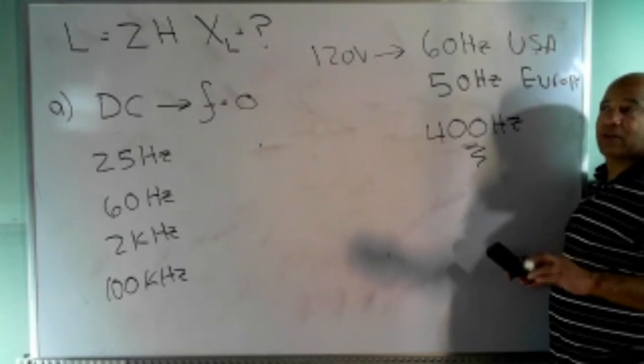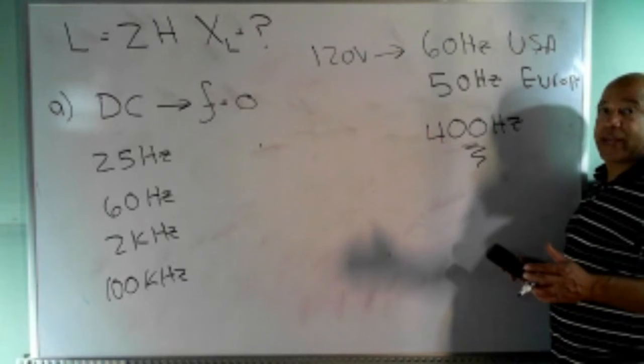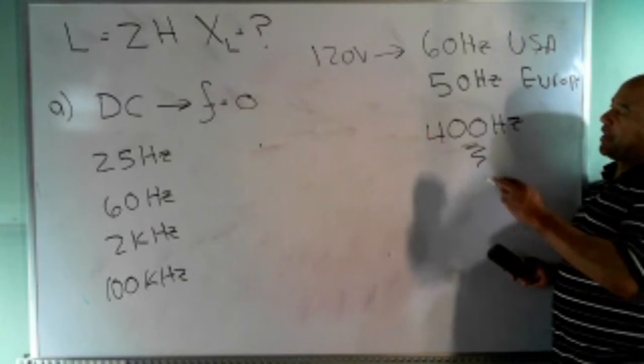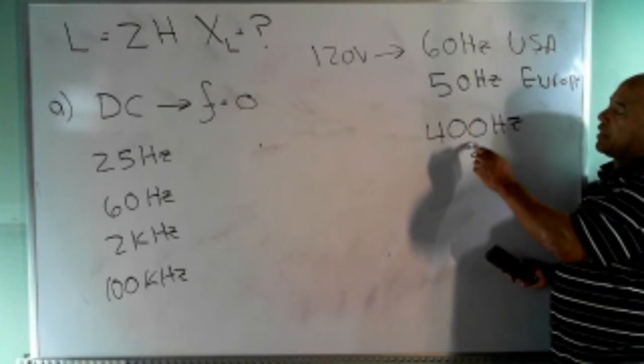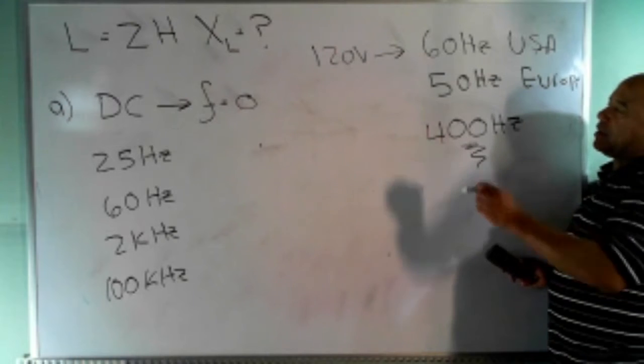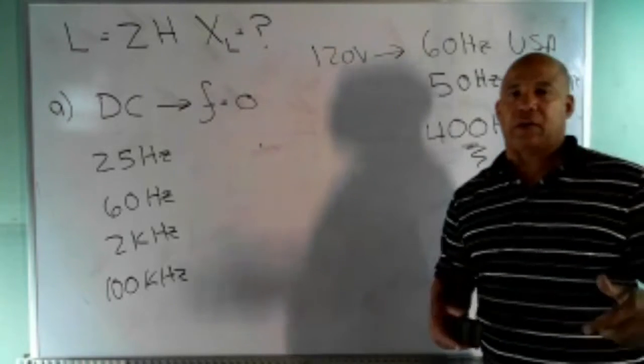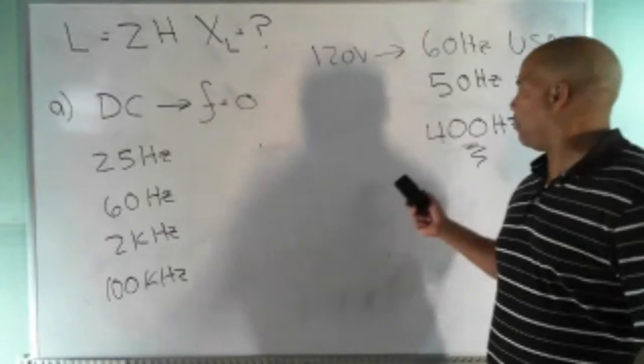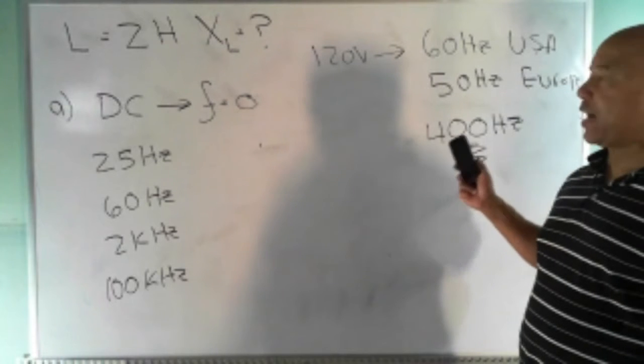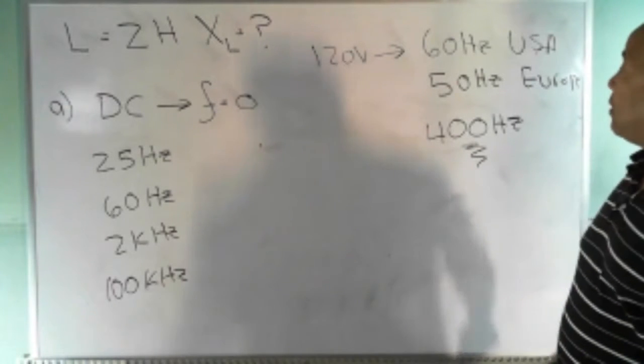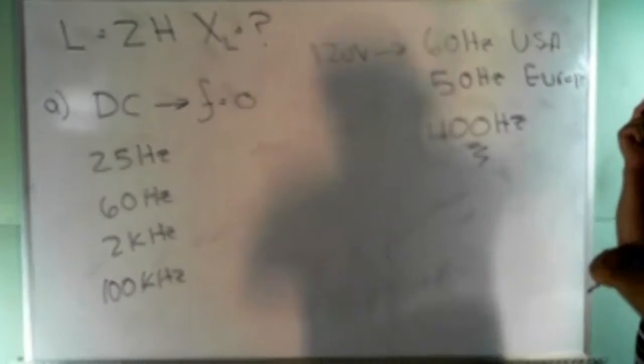Why would they want to make them smaller? It's not the size, but really it's the weight. So certain devices can be made smaller and lighter. This is a standard frequency for an airplane in the United States. I don't know about overseas, but 400 hertz.